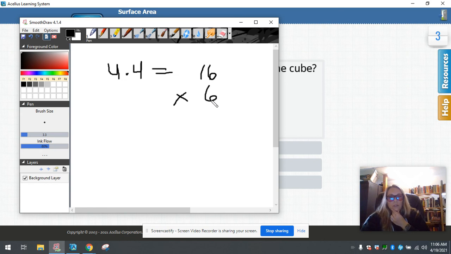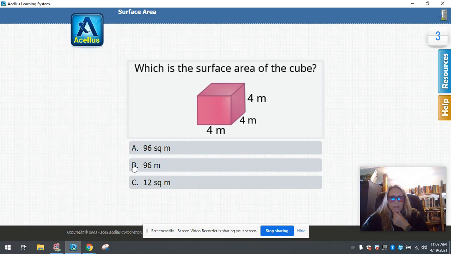So you can do that in a calculator, or just do it in your brain. 6 times 6 is 36. 6 times 1 is 6, plus 3 is 9. So I would have 96 square meters. So that SQ is important. If you just did the meters, it would be wrong. It's going to have to include the square.